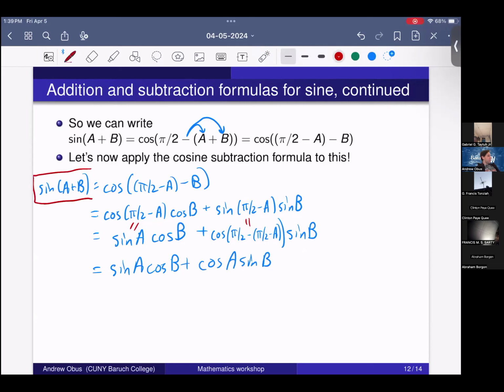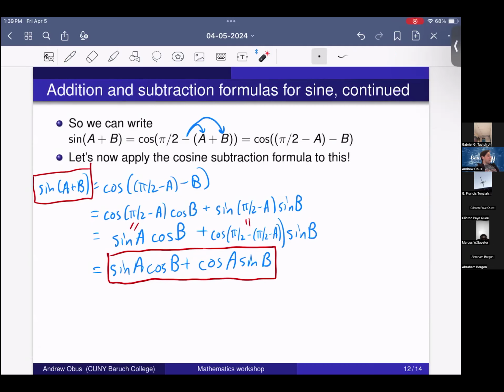Okay, so the formula is that sine of a plus b equals, for the sine formulas, you have to mix and match the cosines and the sines. So sine of a plus b equals sine of a cosine of b plus cosine of a sine of b. Okay. And so again, we get it from the cosine formula, but we have to be a little bit tricky here.